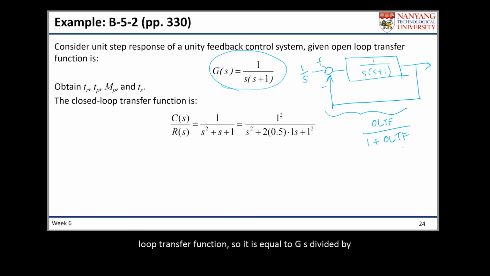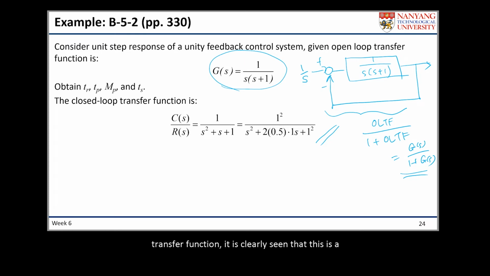So it's equal to G(s) divided by 1 plus G(s). G(s) is known, 1 over s plus 1. Once you substitute it into this equation, the equivalent system of our unity feedback system will be like this. You can check it by yourself.